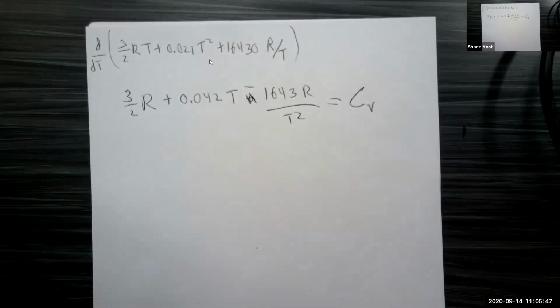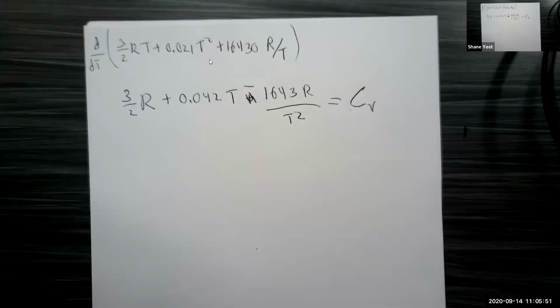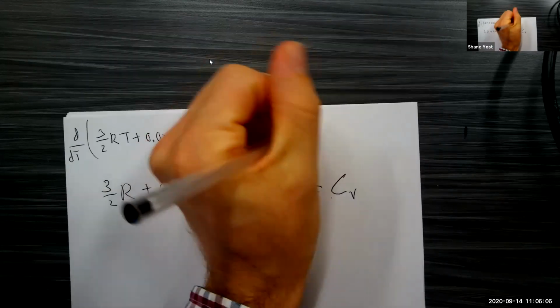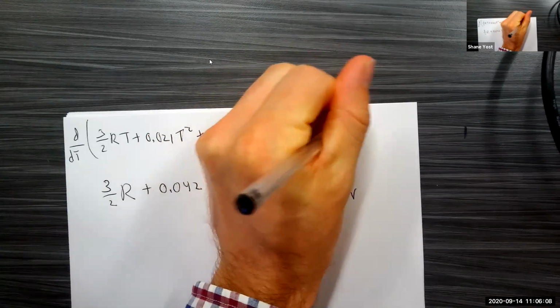How are we supposed to know which R to use? Basically, heat capacities have units of joules per Kelvin, so we want to use the version of R that's joules per Kelvin mole, R equals 8.314.